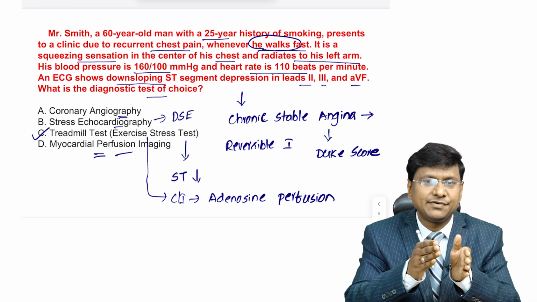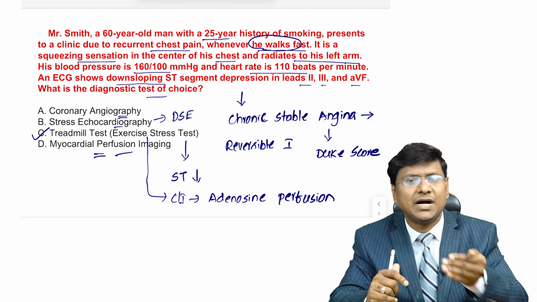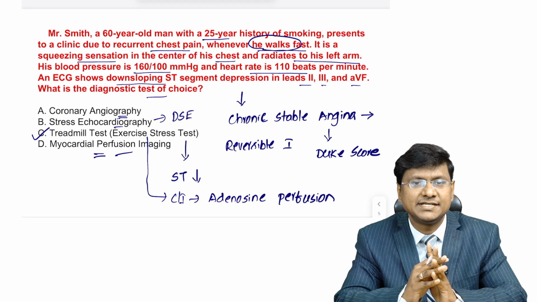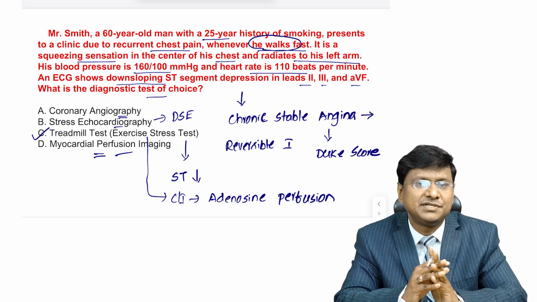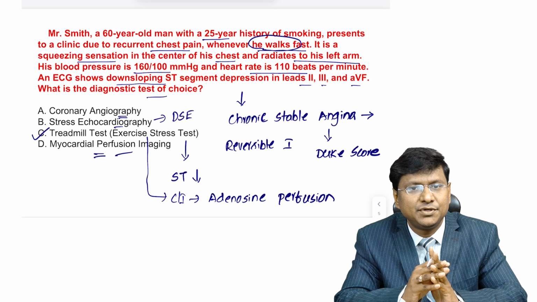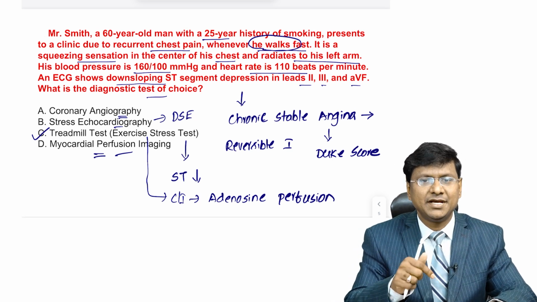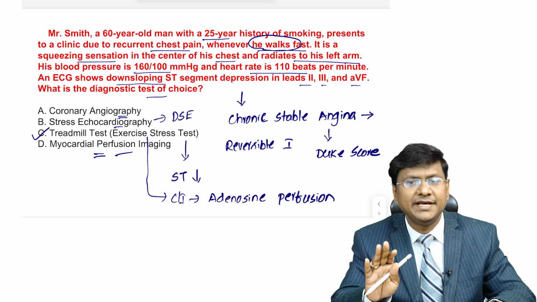If by the non-invasive results you are not able to make out that there is chronic stable angina, then you should do the coronary angiography. But if by a non-invasive test like the treadmill test you are able to evaluate that there is an underlying ischemia, then the coronary angiography is not required.